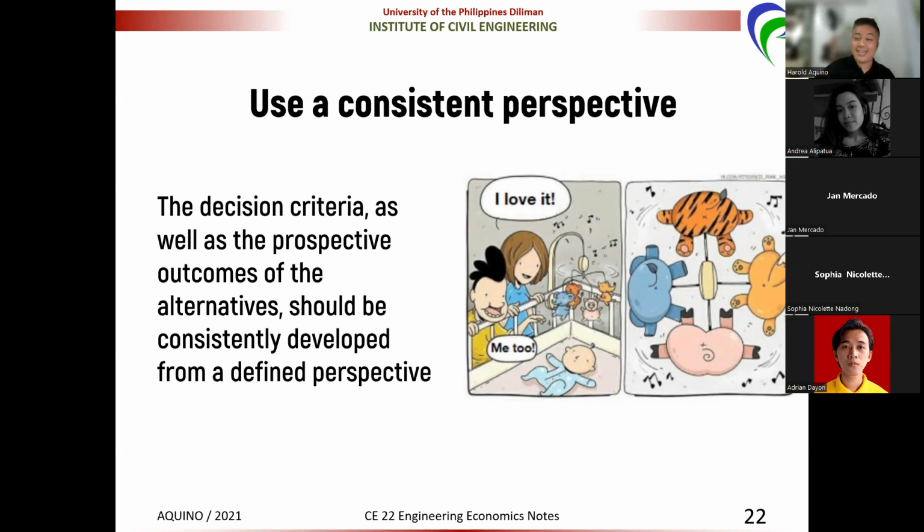Hindi pwedeng yung isa we evaluate from the perspective of the parent, the other we evaluate from the perspective of the baby. So on a broader context, we can either take the perspective of the firm or the company, the project owner, the public, the government, diba? Or the client. At the same time, pwede rin na combination, no?